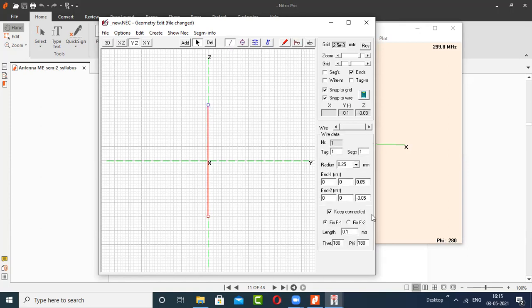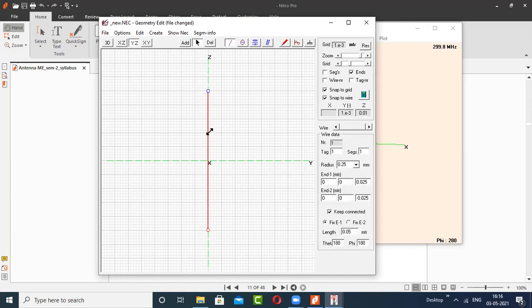It's 0.05. Actually, you have to go for half of that, no? It's a lambda by 2 antenna, so it should be 0.025 on each side. The total length should be 0.05, right?